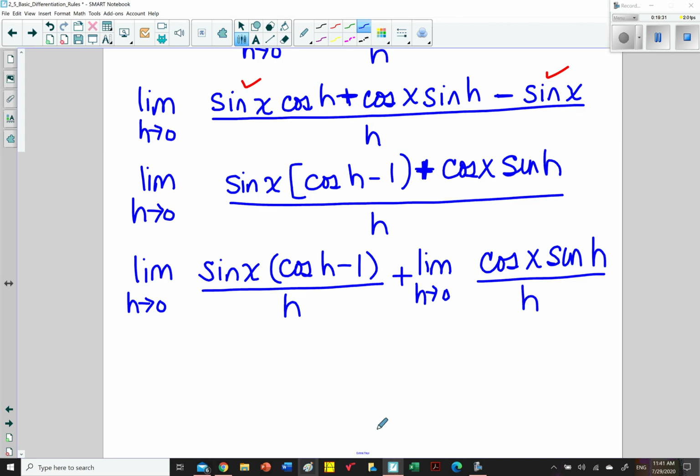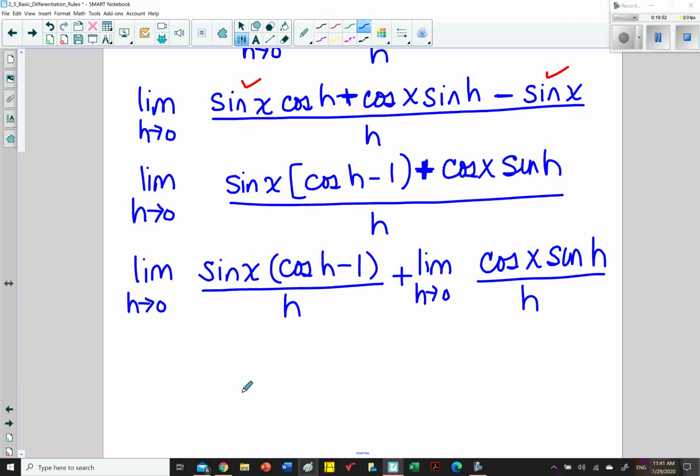See how I got that? It's like a plus b over c is a over c plus b over c. We're taking the limit of each of those fractions independently of the other.